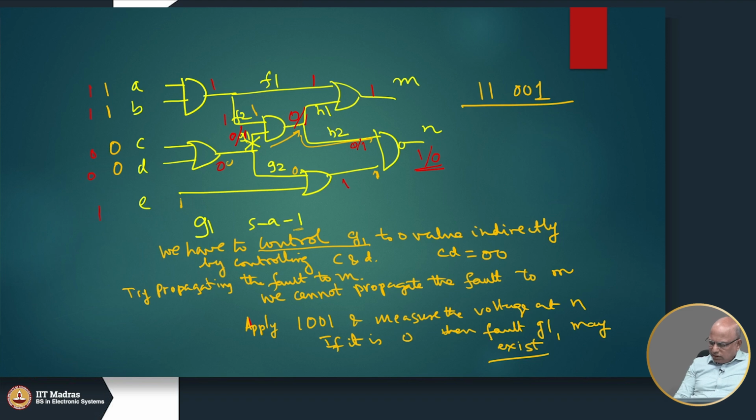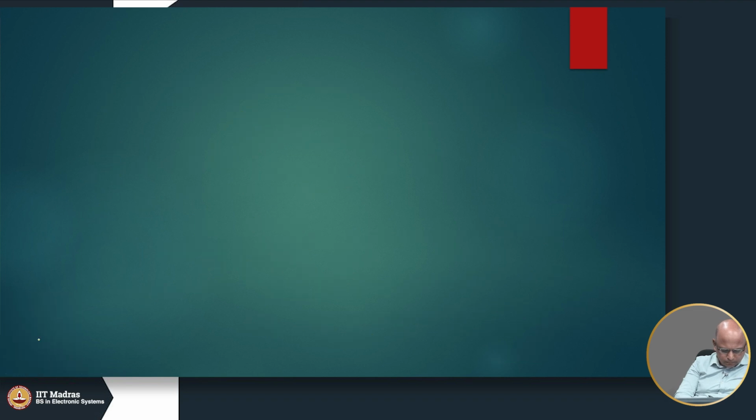On the other hand, if we get a 1 at the output, then we can be convinced that G1 stuck at 1 does not exist. So, I hope this fault activation and fault propagation are both clear.